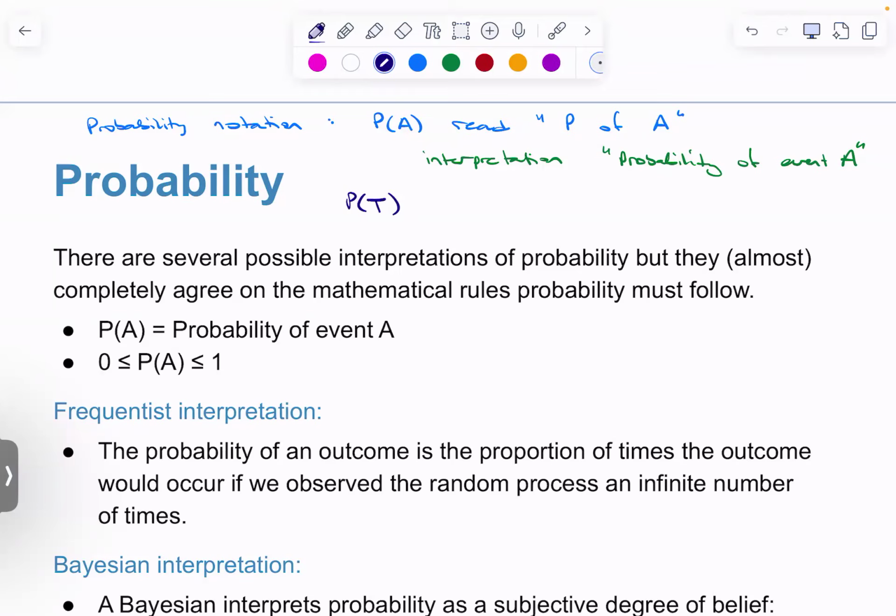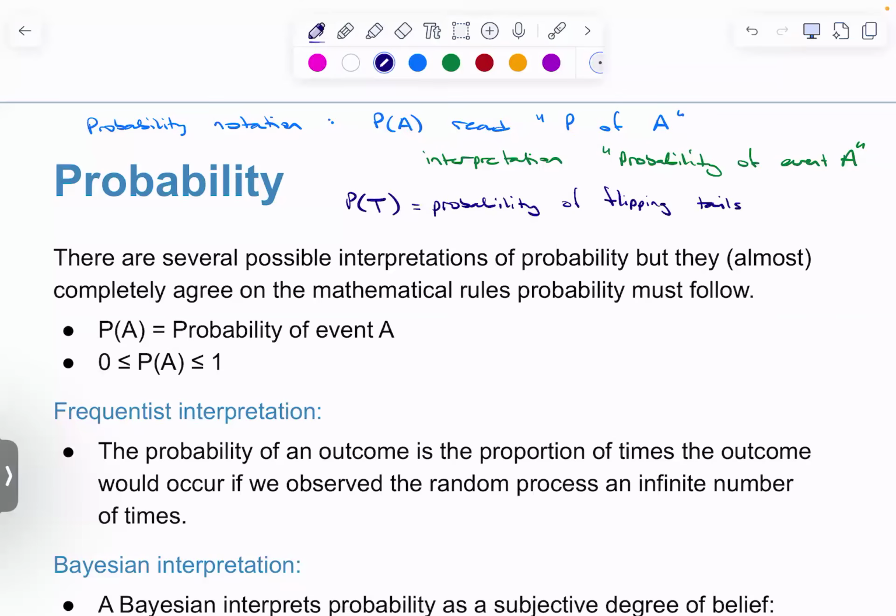The probability of flipping a coin and it being tails, which is the probability of flipping tails.